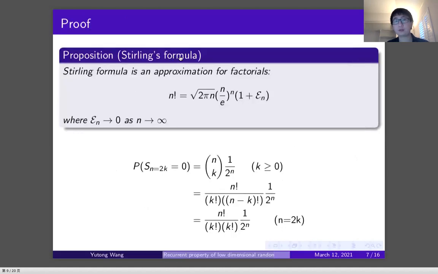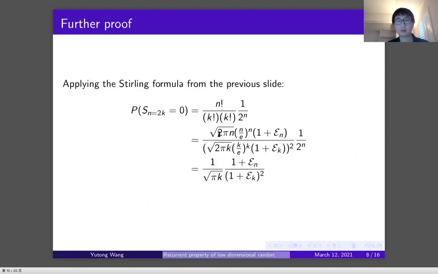The Stirling formula is a very good approximation for factorials, so for this probability we can further write it in this form. Since n is equal to 2k, we can write it as n factorial divided by k factorial times k factorial. Using the Stirling formula here, we can get a somewhat long expression.